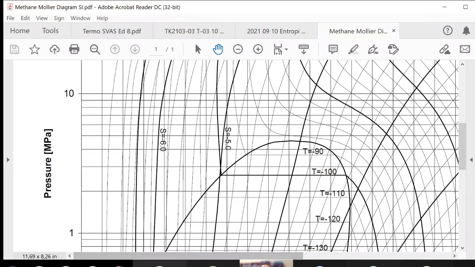Okay, up to this point, are there any questions? Still simple. Now I want to ask you about the estimated temperature. We have the dome over here. We have the temperature minus 100 Celsius here. Over here, the line is minus 110 Celsius. Over here, minus 120 Celsius.